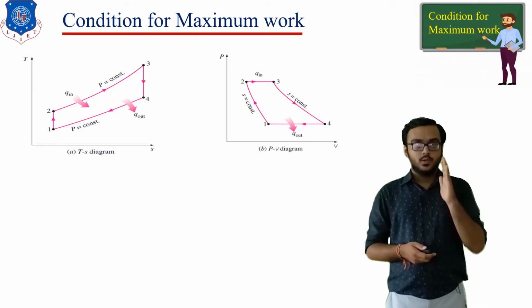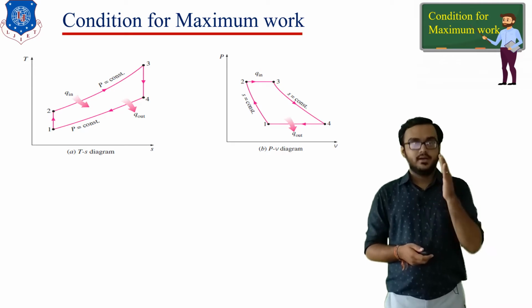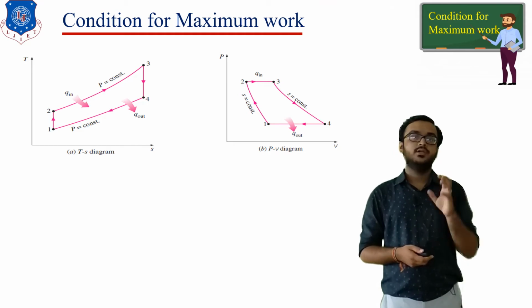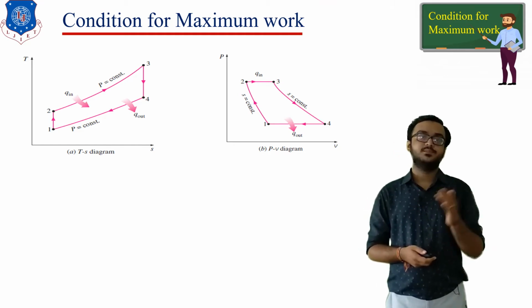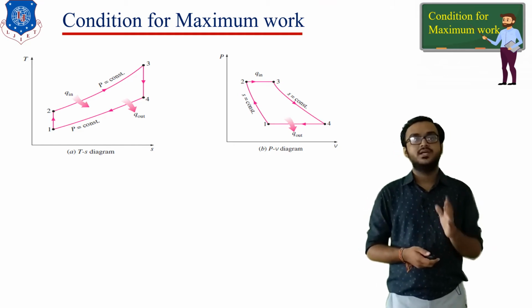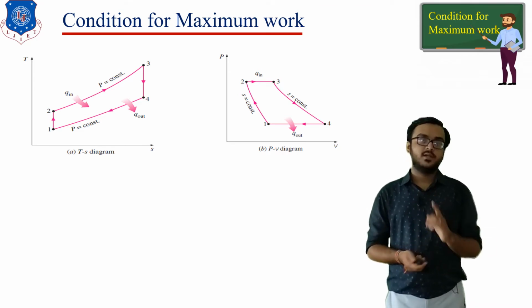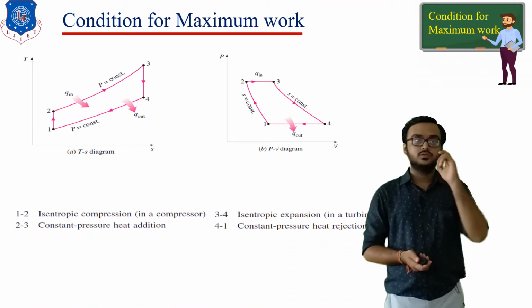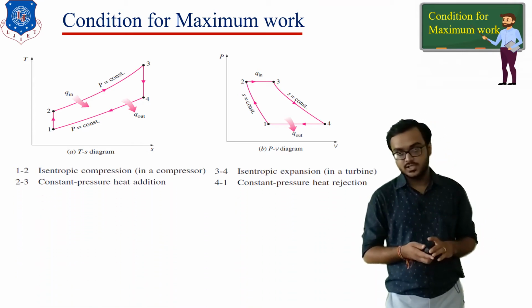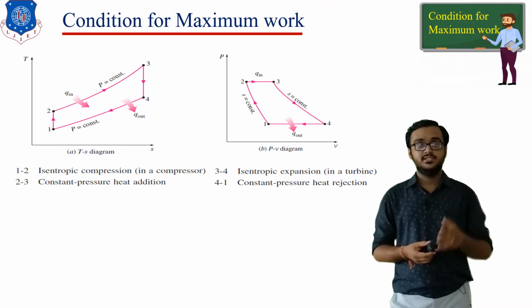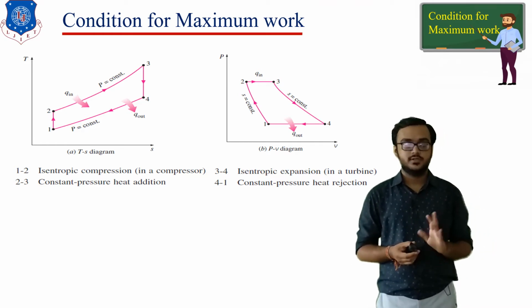That's why, whenever we are dealing with the compression and expansion processes, we need to consider both to be isentropic in nature. So 1 to 2 is isentropic compression. To represent it, we plot one vertical path on the TS diagram like this, during which entropy remains constant.